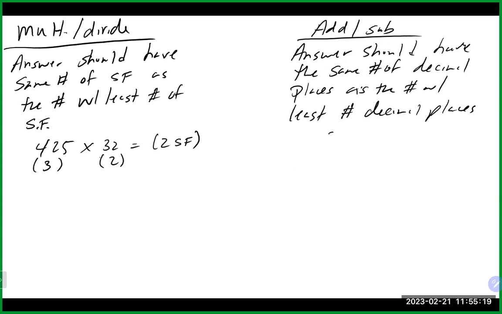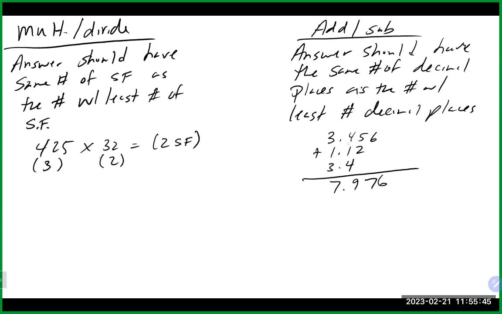So if I took 3.456 plus 1.12 plus 3.4, try it without the calculator. That's like a 6, that's like a 7, that's like a 9, that's like a 7, I think. Yeah.